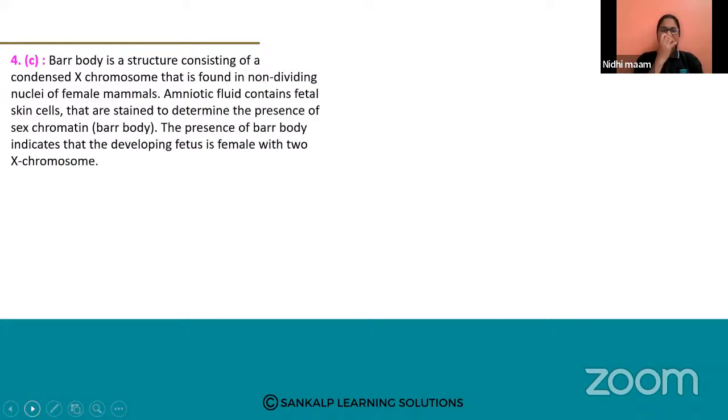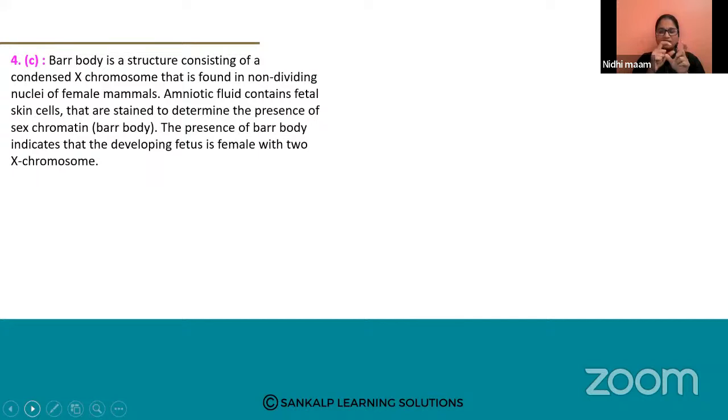So here, what is this bar body? A bar body is a structure that consists of a condensed X chromosome. It means the X chromosome will be condensed, highly coiled, found in the non-dividing nuclei of female mammals, and only in the female. Amniotic fluid contains fetal cells, and when they are stained, they show the sex chromatin.